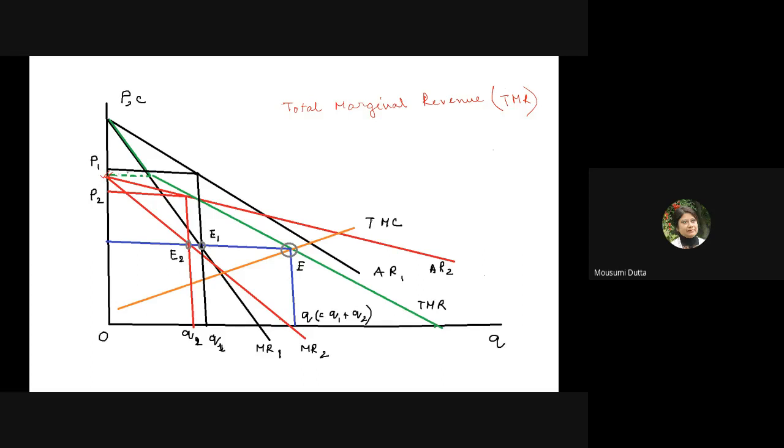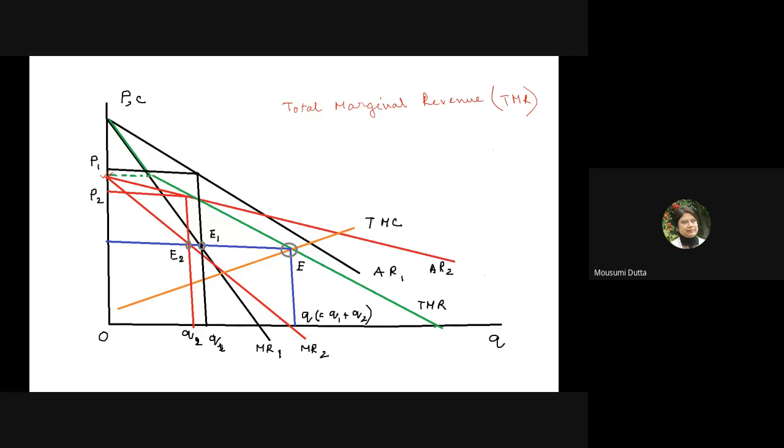So up to this dotted line, there is no presence of the second market. If I want to have the aggregation of the two marginal revenue curves, I have to add MR1 with 0, because there is no presence of the second market.